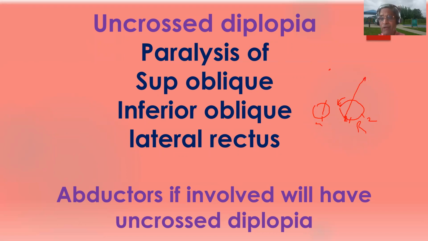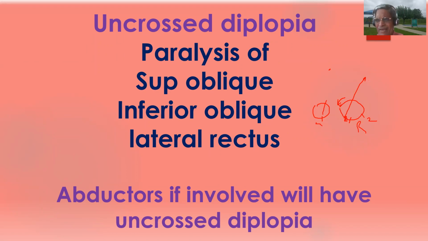You know that an object falling on the nasal retina is projected temporally. So when you have an abductor problem, the eye is converged, moved inwards, and the object of interest falls on the nasal retina, which projects temporally. Temporal means the same side. That is called uncrossed diplopia, which can occur in abductor paralysis. That means lateral rectus, sixth nerve palsy, or we can have the obliques, superior oblique, fourth nerve. Of course, everyone knows.